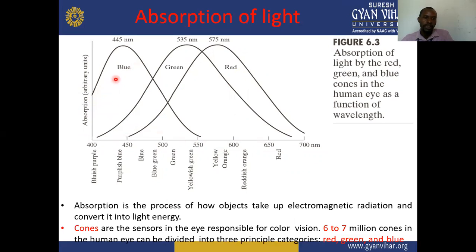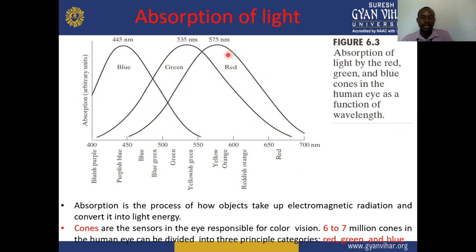The blue light's absorption peak is at 445 nanometers, and it can spread up to the length of 550. Whereas for the green light, its absorption peak is at 535 nanometers. It can spread up to above 650, but less than 700 nanometers.